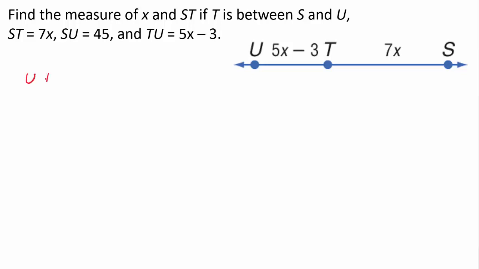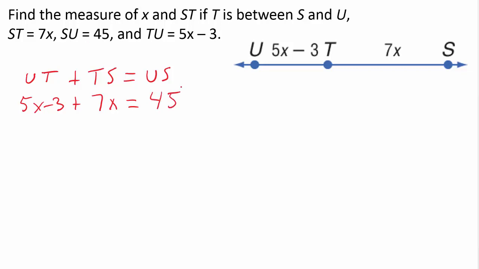UT plus TS equals US. Let's go ahead and plug in what we know. UT is equal to 5X minus 3. TS, which is the same as ST, is equal to 7X. And then US, which is the same as SU, is equal to 45.